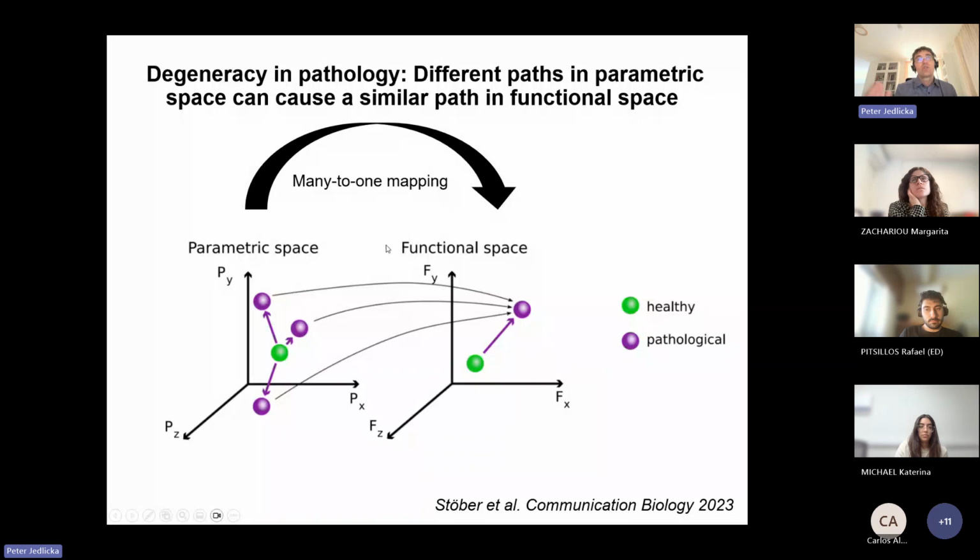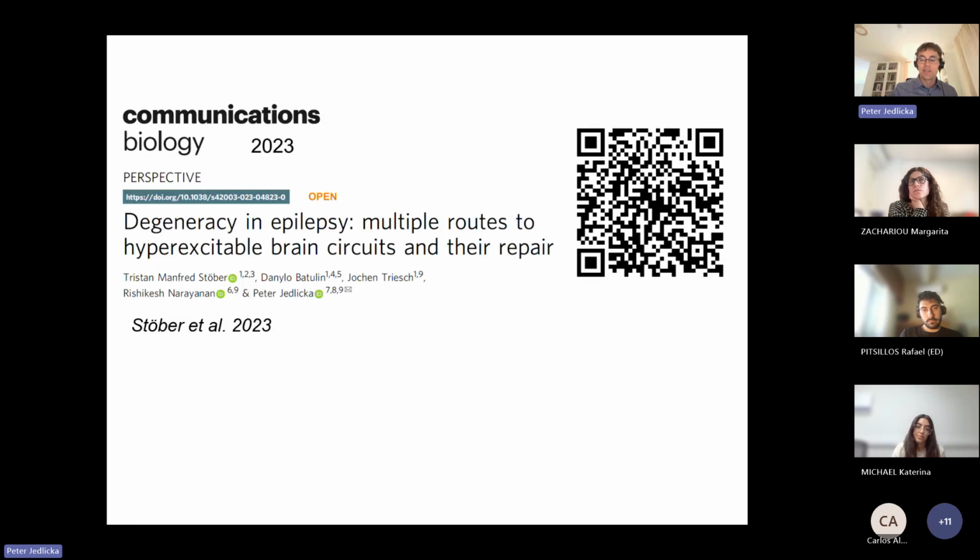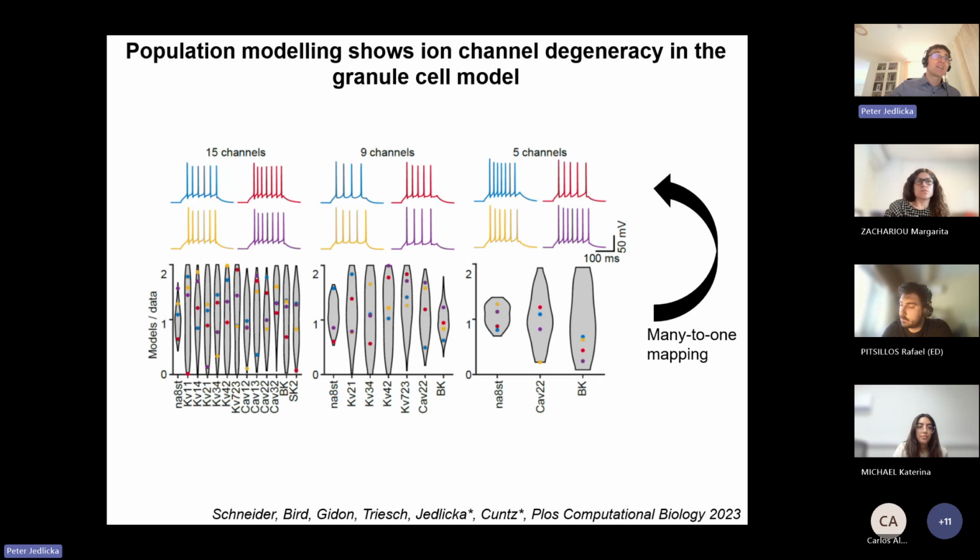So you can see this many-to-one mapping also, not only in the healthy context, but also in the disease context. And if you are interested in this topic, we wrote this up in a paper in which we talked about degeneracy in epilepsy, about multiple routes to hyperexcitable brain circuits. So if you're interested in this, you can check this out. Okay, back to our topic of creating robust models.